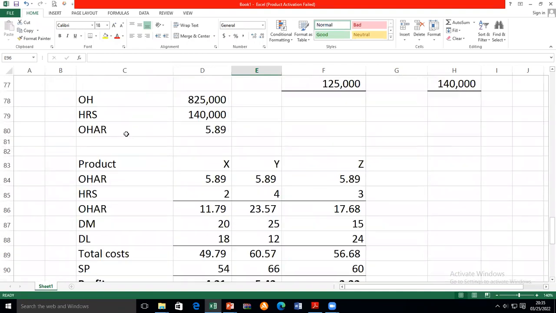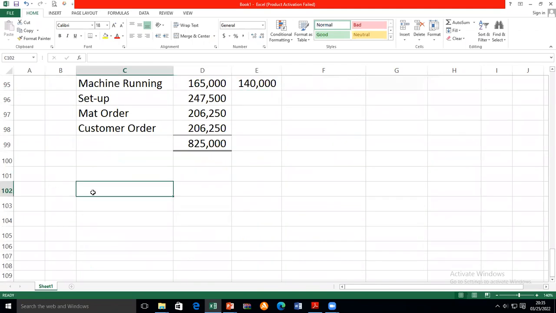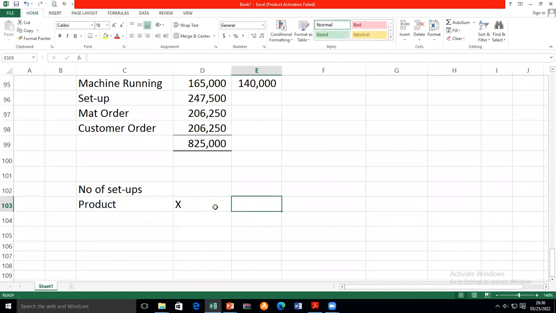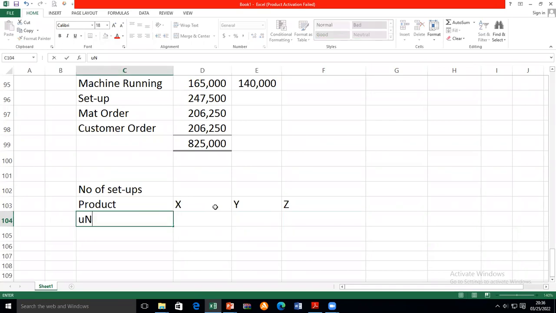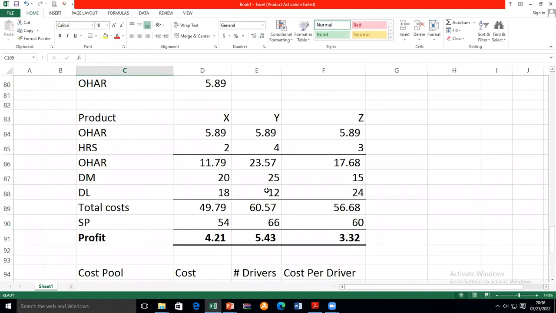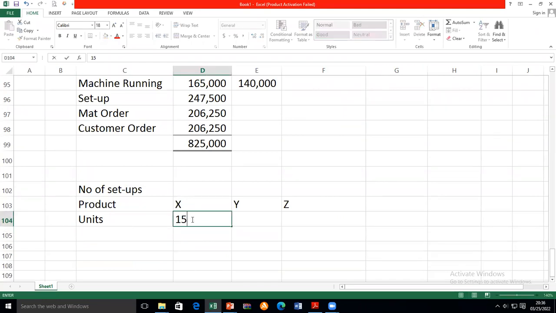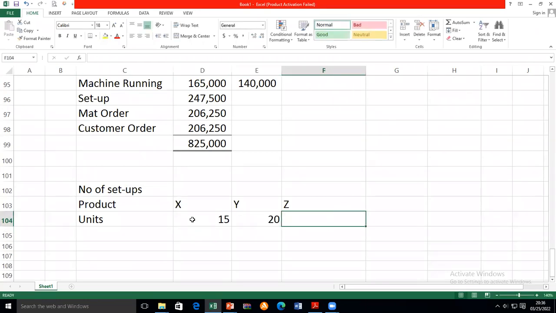So let's do a working. We want to calculate the number of what? Number of setups. So how do we calculate the number of setups? We start with the product. What products do we have? We've got X, Y, and Z. The number of units for these products are here, 15, 20, and 10.